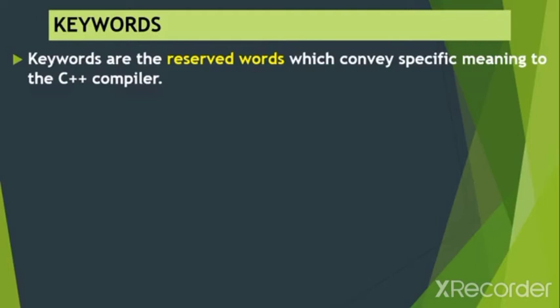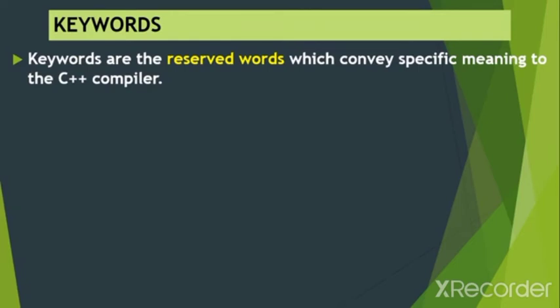What is a compiler? Who is the compiler here? So I already told you that C++ is a high-level programming language. So high-level programming language is understandable by the human being. It is not understandable by the computer, because computer knows only machine language. So to convert the high level language into machine language and machine language into high level language, a translating program is used.